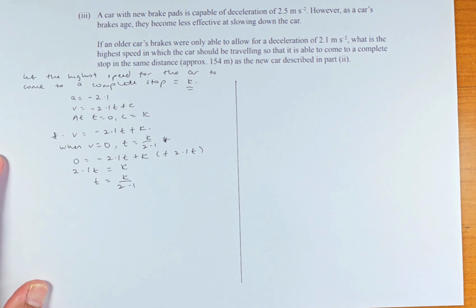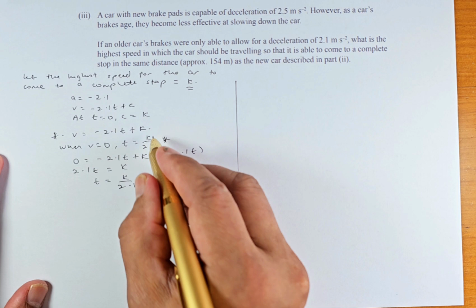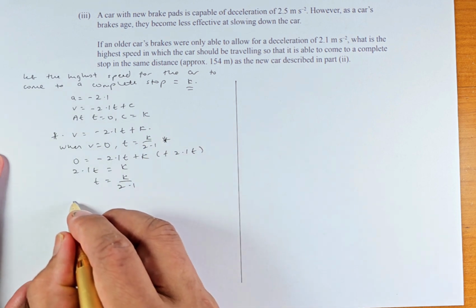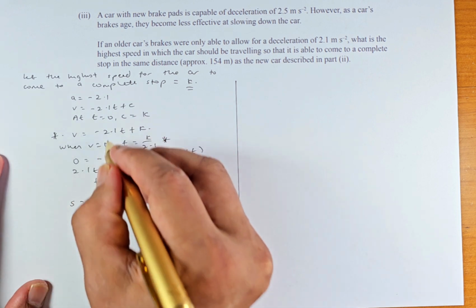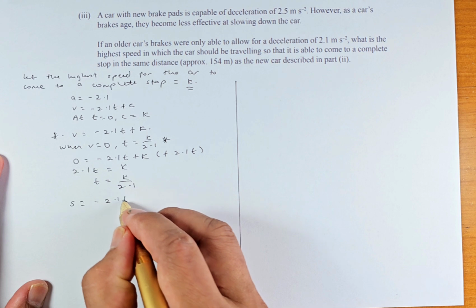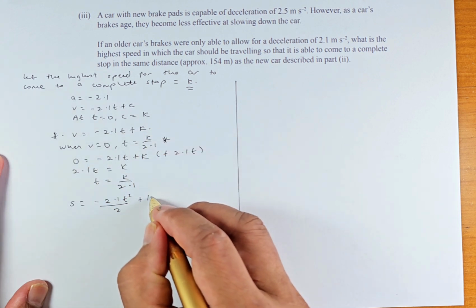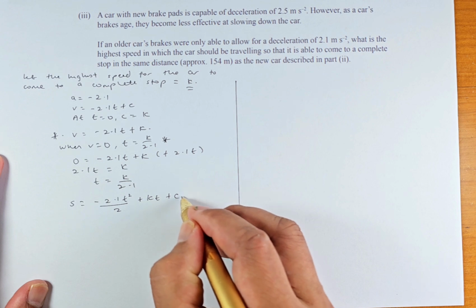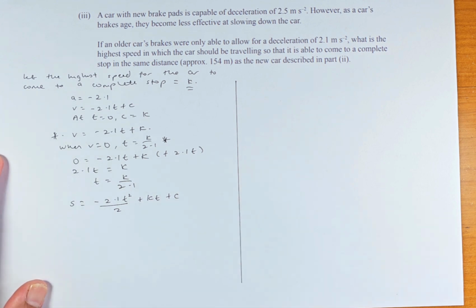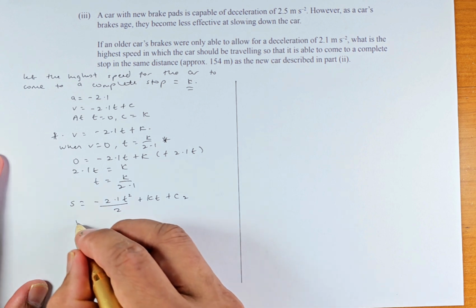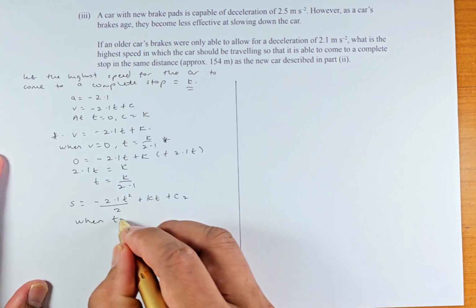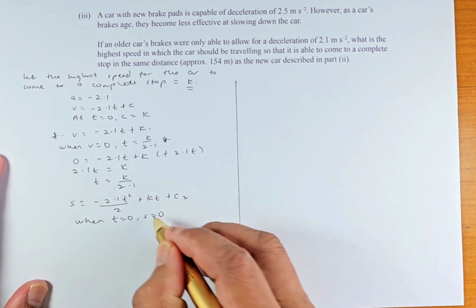Now we are going to calculate the distance. The distance is represented by s in calculus. So s equals minus 2.1 t squared over 2, integrating that equation, plus kt plus c2. To calculate c2, we need to know that when time equals 0, distance is always equal to 0.